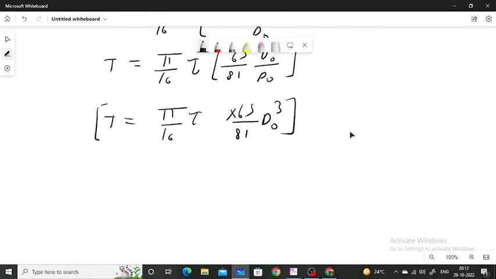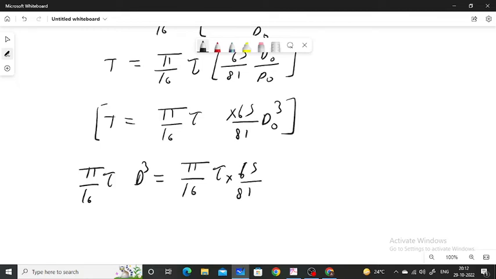As the torque transmitted by the solid and hollow shaft are equal, pi by 16 tau d to the power 3 will be equal to pi by 16 tau into 65 upon 81 d outer to the power 3.